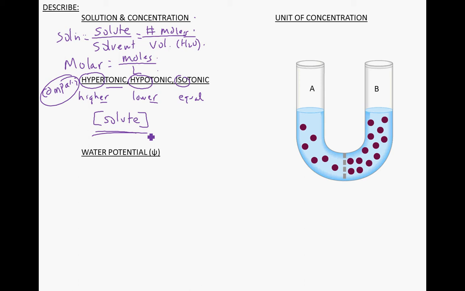For example, let's go over to this diagram on the right and look at this U-shaped tube. This U-shaped tube has a solution inside A, and there's a solution inside B. At the bottom of this tube, very important, there is a membrane that separates solution B from solution A. This membrane is said to be selectively permeable, meaning that some things will go across, some things will not.